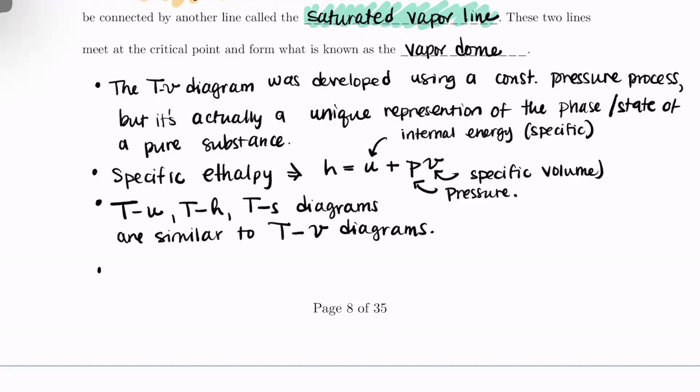We can also make a PV diagram. The most popular diagrams that you'll see are TV and PV diagrams, but you can construct all of them, right? So for temperature, internal energy, enthalpy, entropy, and pressure, you can make these curves, okay?